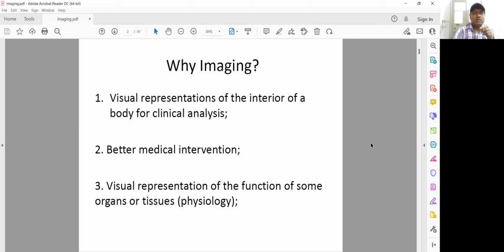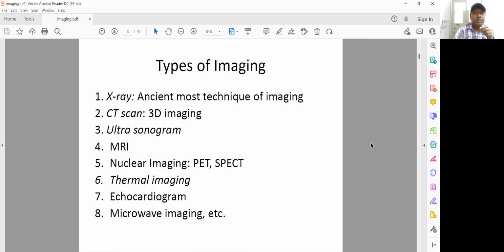Okay, so let us now see how many types of imaging there are in medical instrumentation. Not every type of imaging is possible, as the human body is the concern. So these are the techniques that can be used for medical imaging. The X-ray is the oldest technique of imaging.